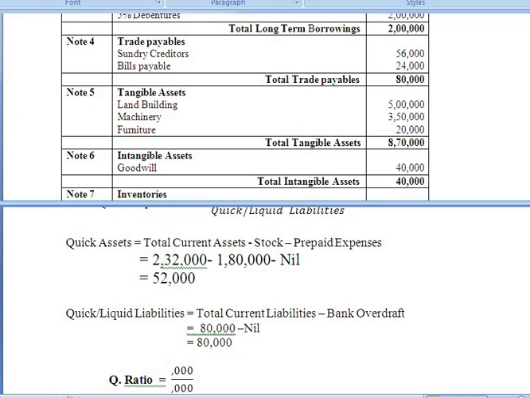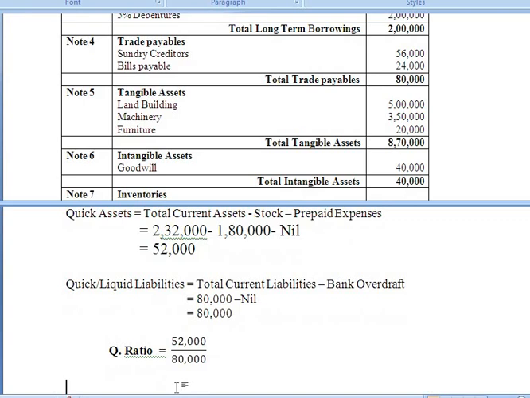Okay. Now put both the values into the formula. The amount of liquid assets is rupees 52,000. So 52,000 divided by 80,000 is equal to 0.65.